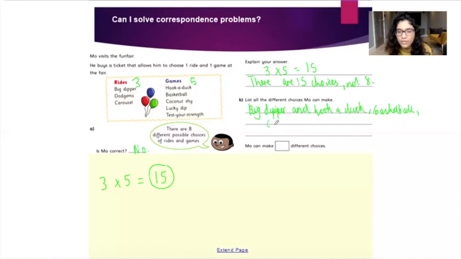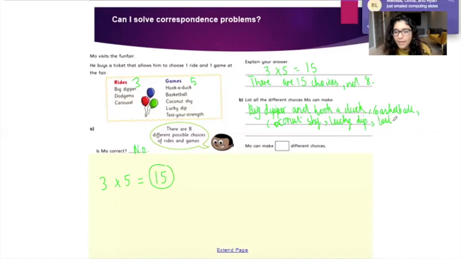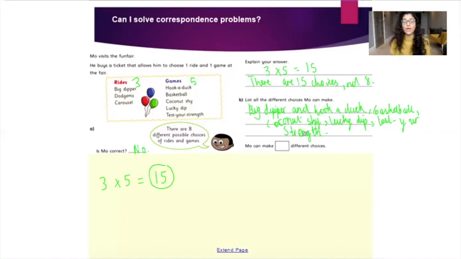We have Coconut Shy. He could also ride Big Dipper and play Lucky Dip. And then the last game he could play with Big Dipper is Test Your Strength. Now, I don't have space to write all of the different possible choices, but you will hopefully have enough space when you are writing this by yourselves at home.